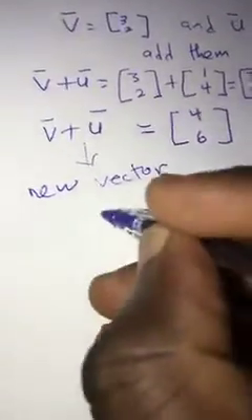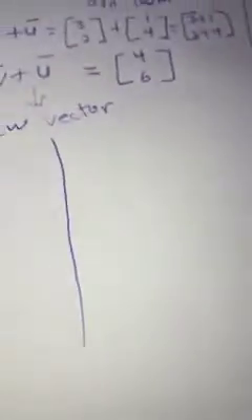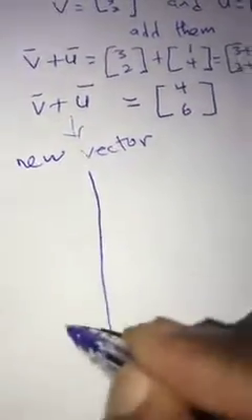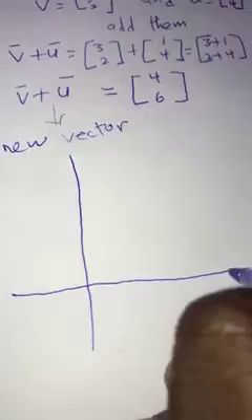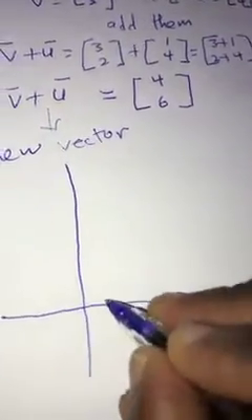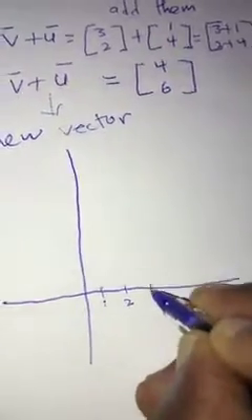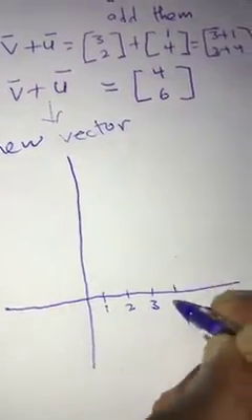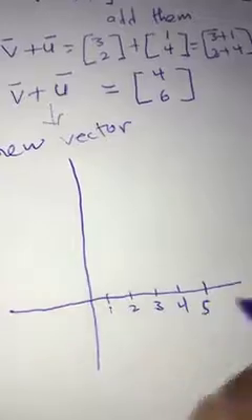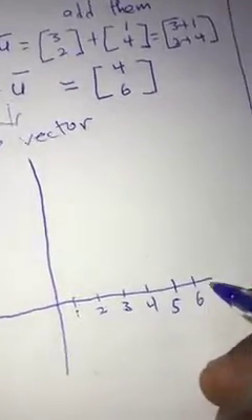So how are we going to plot this on the graph? So we have 1, 2, 3, 4, 5, and then we have 6. So let me do this.